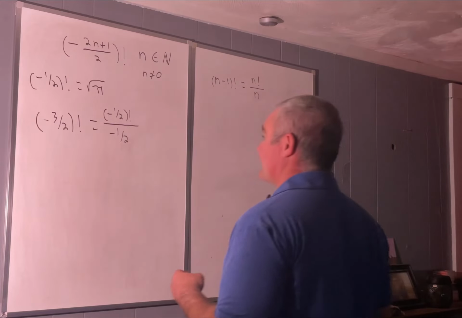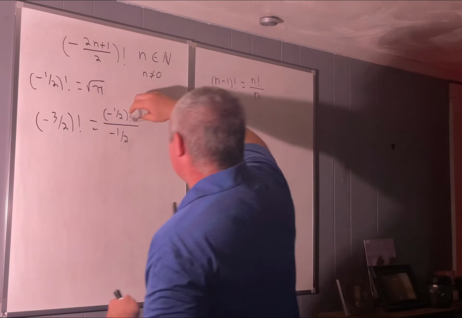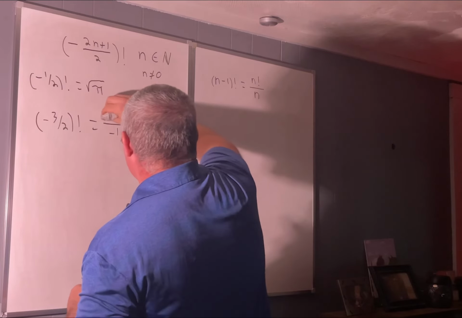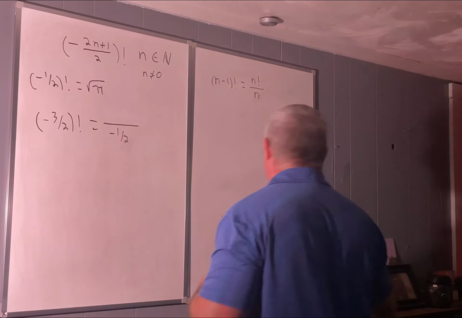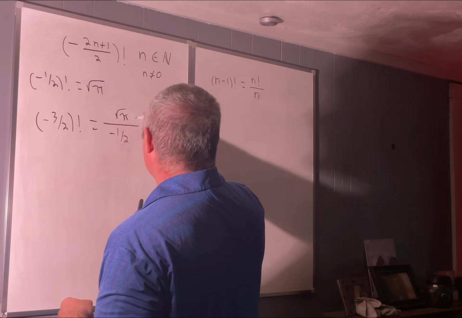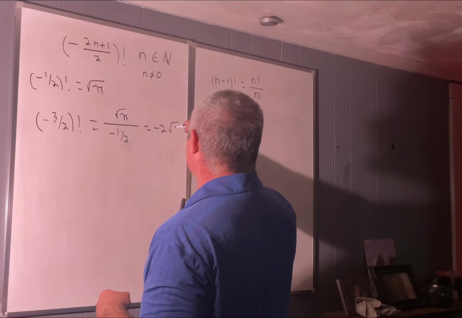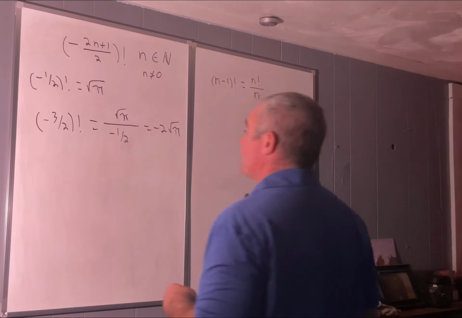We can replace this negative 1/2 factorial with the square root of pi, because we already know that. We started with that. So, square root of pi over negative 1/2, and we can see that this is going to be equal to negative 2 times the square root of pi. All right, let's keep going.